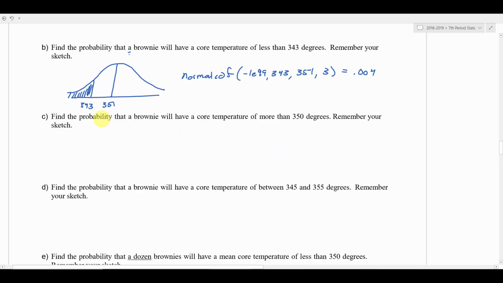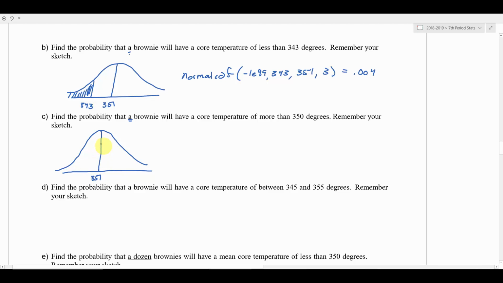All right, so it says find the probability that a brownie, that's important, you'll see why in a minute, a brownie, one brownie, will have a core temperature of more than 350 degrees. Again, this is still dealing with a normal distribution. If you remember in class, I would always ask you to draw this curve with your mean drawn in, and then you shade the appropriate area.